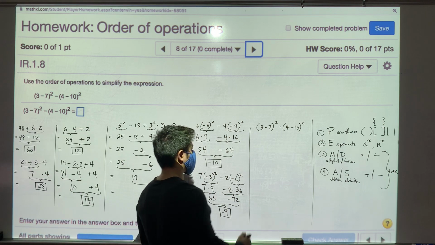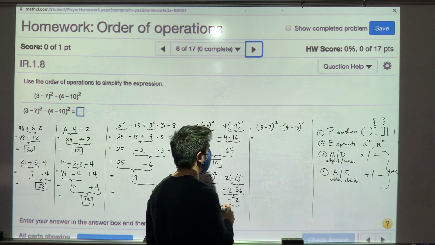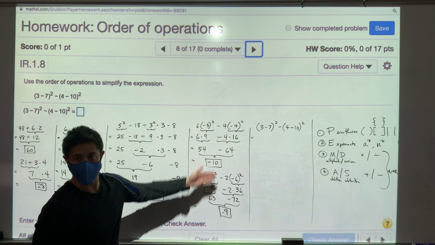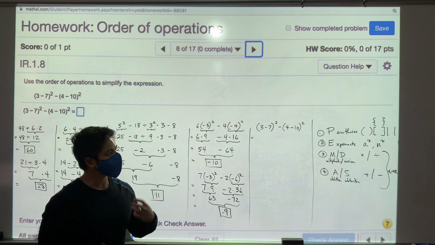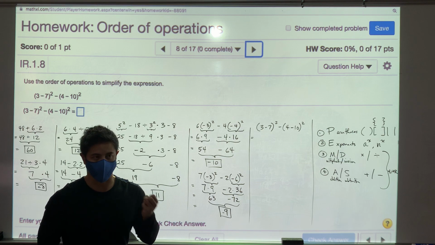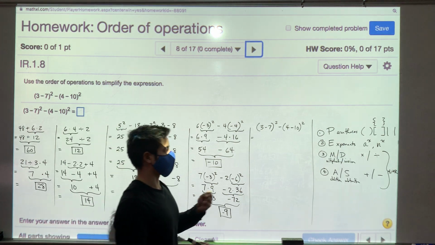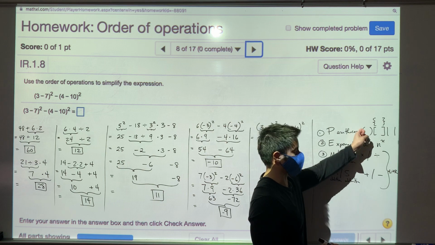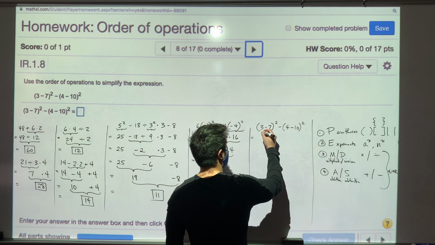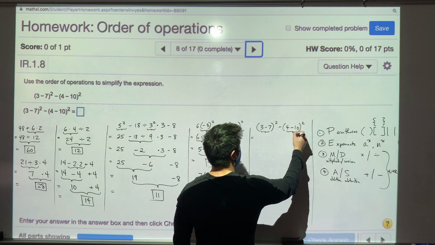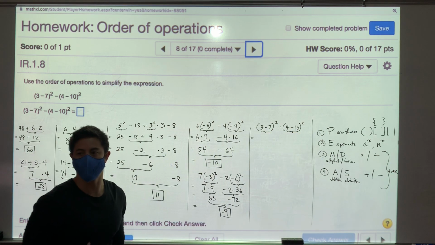Okay, so unlike the previous 2 problems that we did, these parentheses function to group up an operation. The parentheses in this problem group something you need to do. And that something you need to do just happens to be subtraction for both.